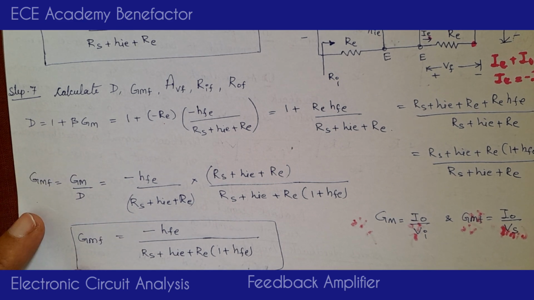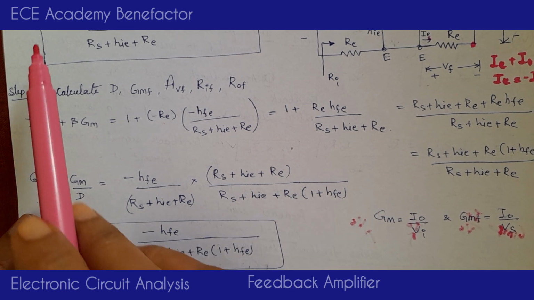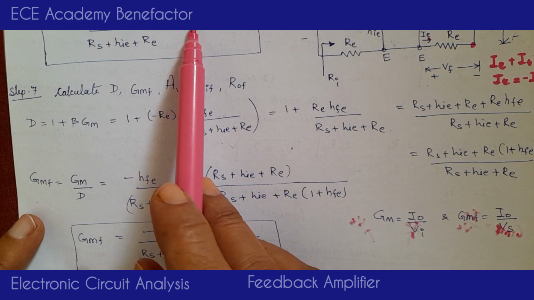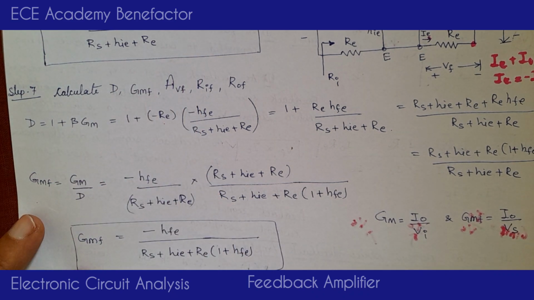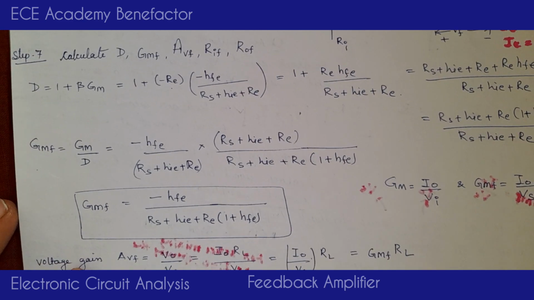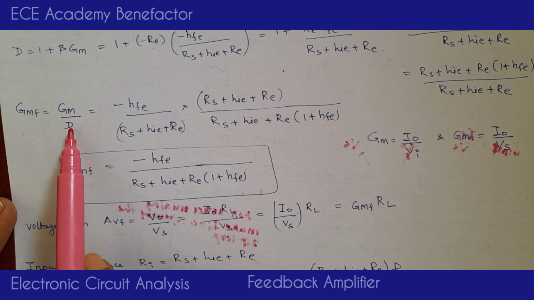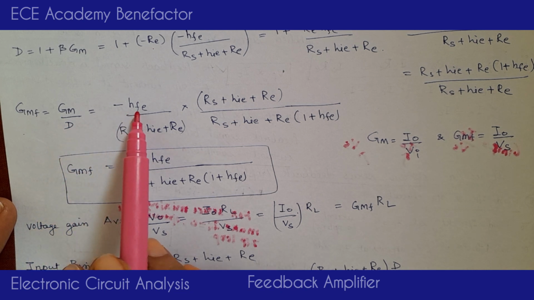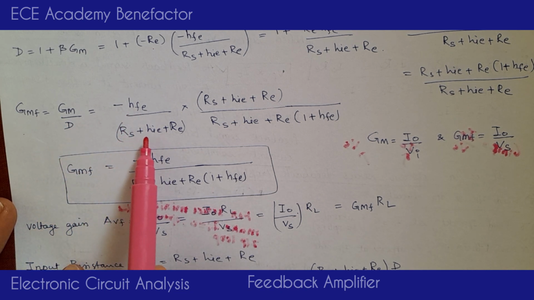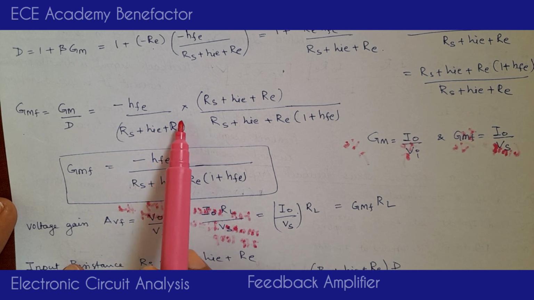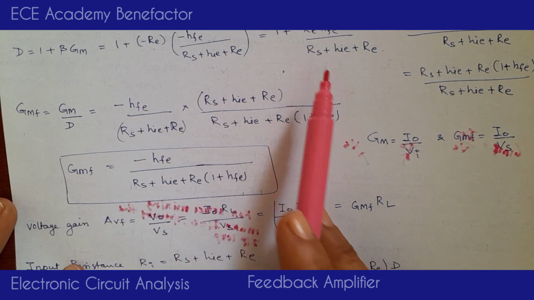Now it's easy. Once we find GM and beta, we can find GMF. What is GMF? Transconductance with feedback. So what is GMF? GM by D. GM is what? Minus HFE by RS plus HIE plus RE. And D is equal to this one.